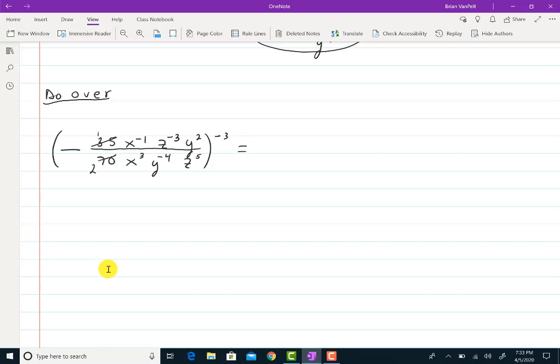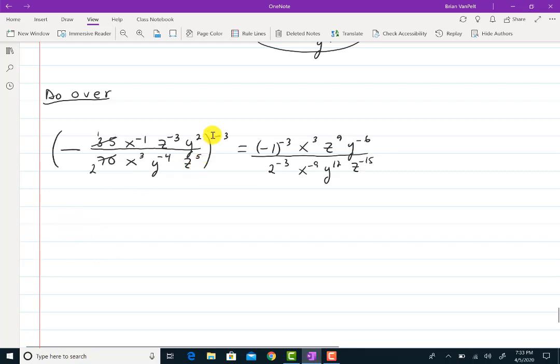So now I'm going to take everything to the negative 3 power, and here's what we get. So what I did is the negative 3 got multiplied to each and every exponent.